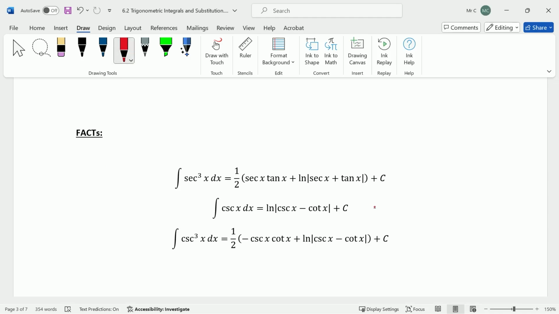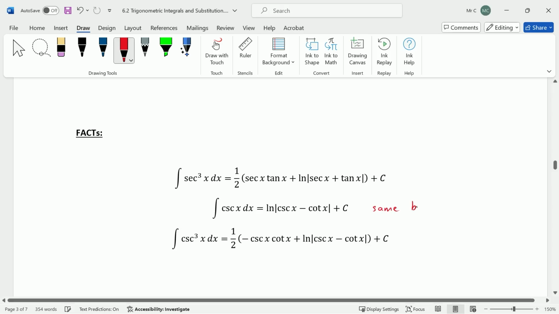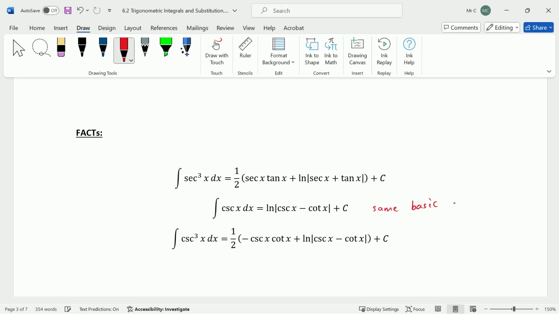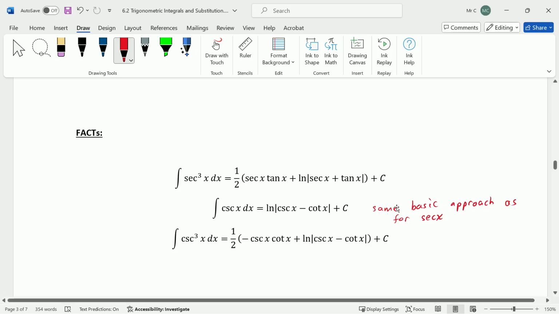For this middle one, the cosecant one, it's the same basic approach as for secant of x. But of course, we'd be multiplying by cosecant of x minus cotangent of x divided by itself.